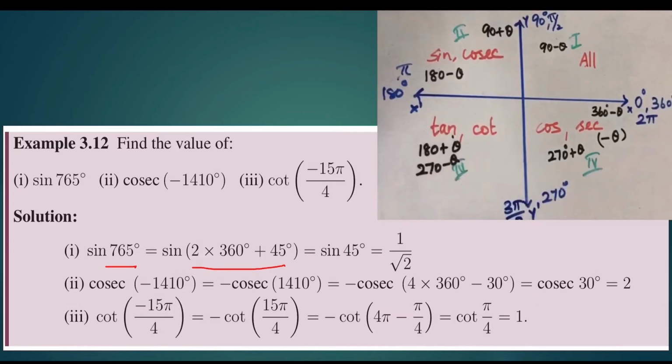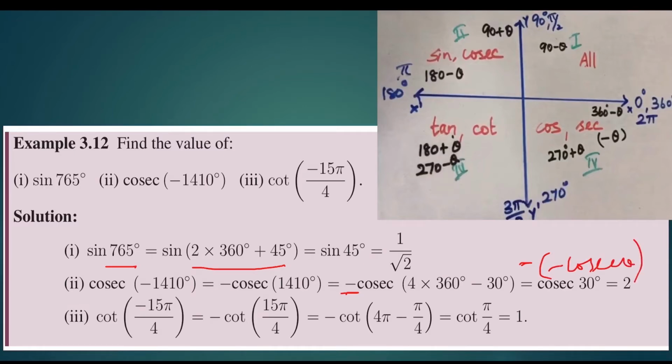But 360 minus 30 means it comes in the fourth quadrant. In the fourth quadrant, cos and secant are positive, but cosecant is negative. So, it will become minus cosecant theta. Already we have a minus there, isn't it? So, minus of minus cosecant theta.